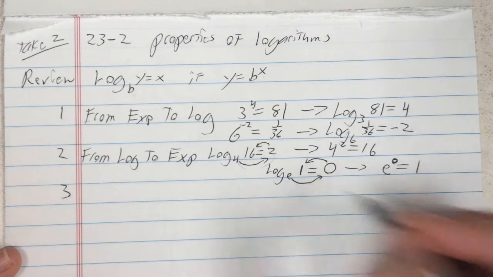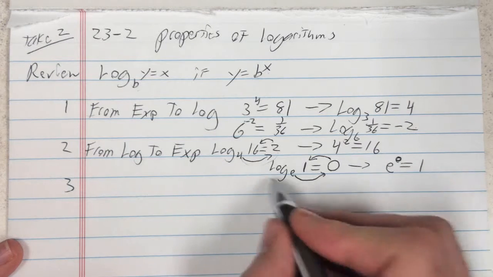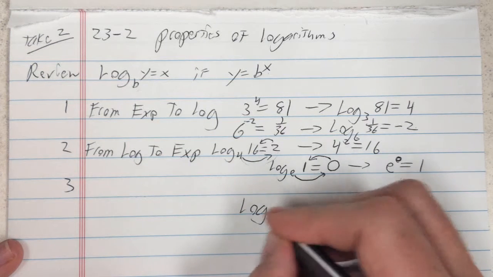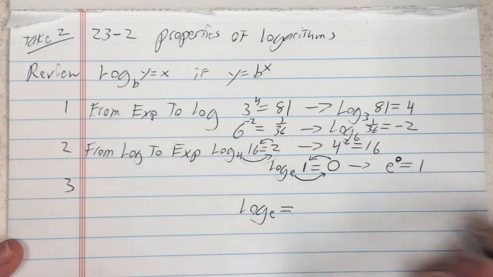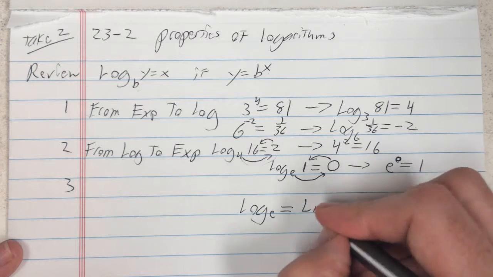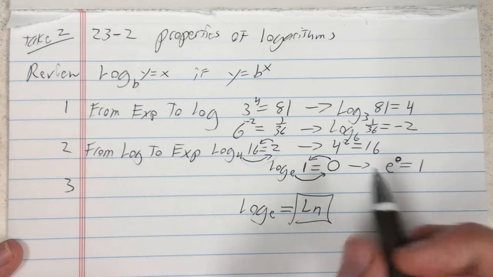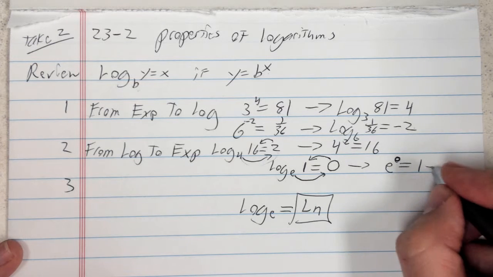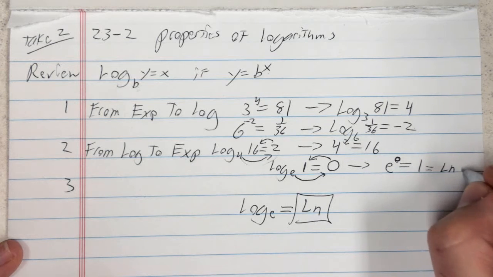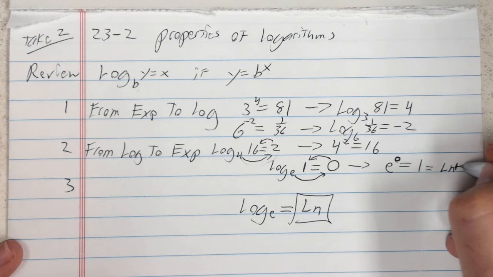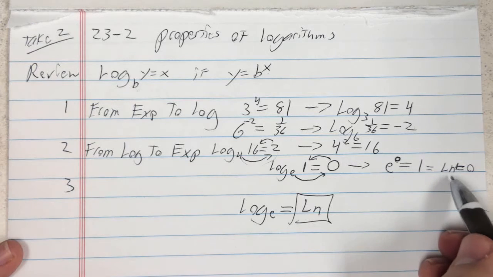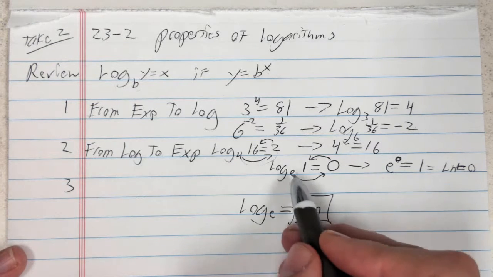And what we're going to see is the actual way that you're supposed to write log base e. Log base e should be written as just ln, natural log. So really this is equivalent to ln of 1 equals 0, instead of log base e.